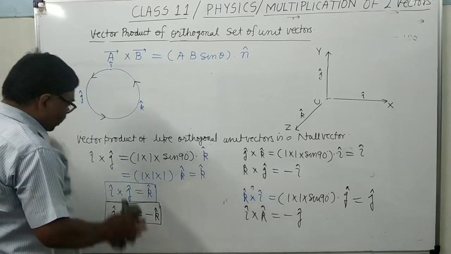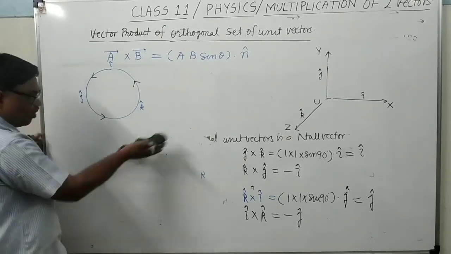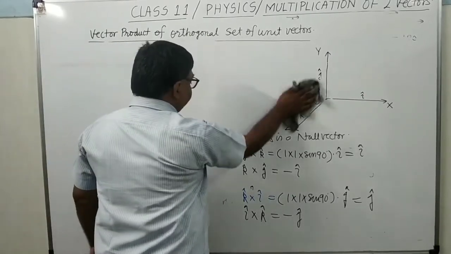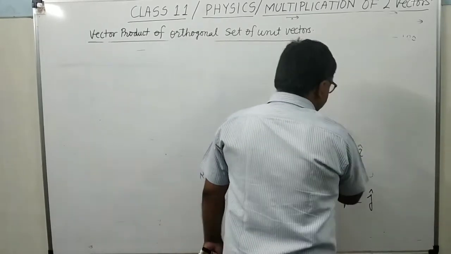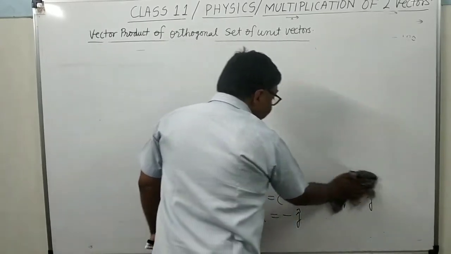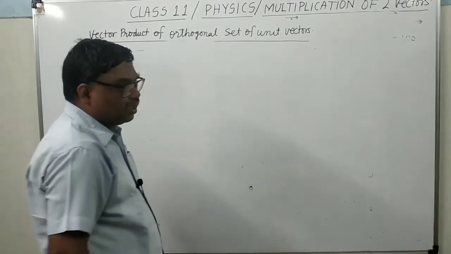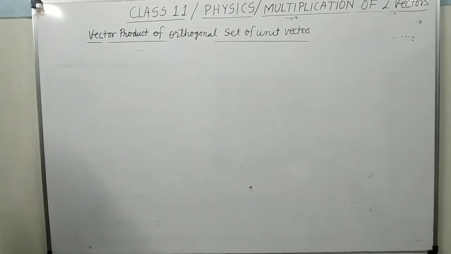So how will you find vector product in that case? Very simply, one way is doing the simple algebraic multiplication and applying these rules. And the other way is by preparing the determinant.